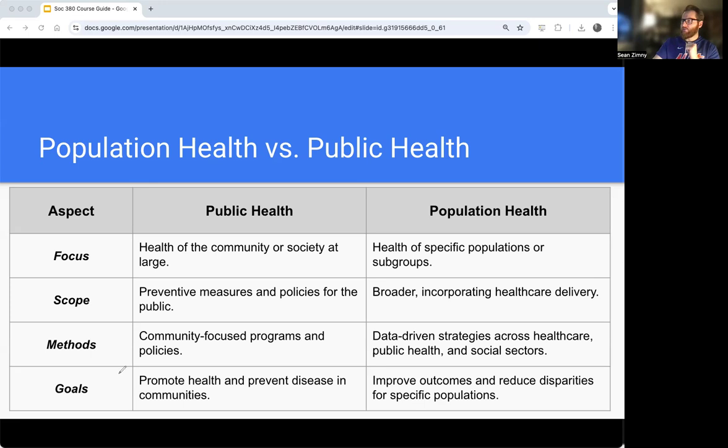And finally, the goals of each. The goal of public health is to promote health and prevent disease in our communities, right? And then the goal of population health is to improve outcomes and reduce disparities across and for specific populations. So think population health, those specific groups, those specific populations. Public health tends to be more broad, community focused, community wide.